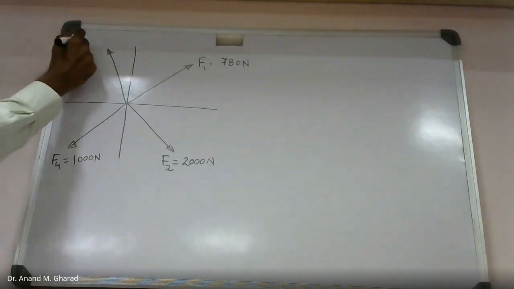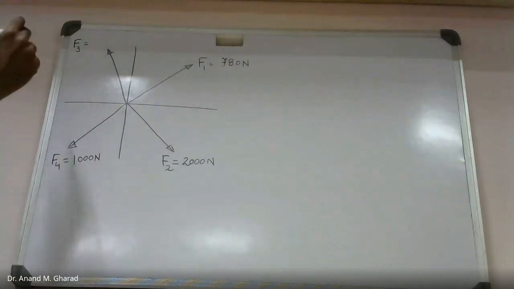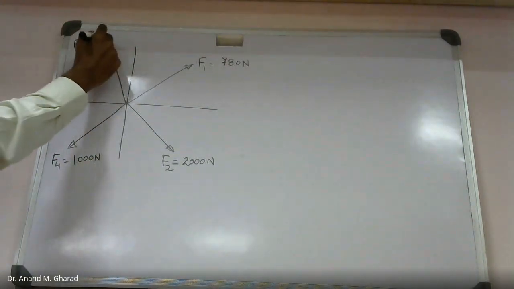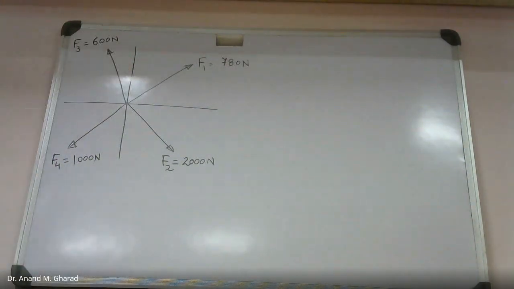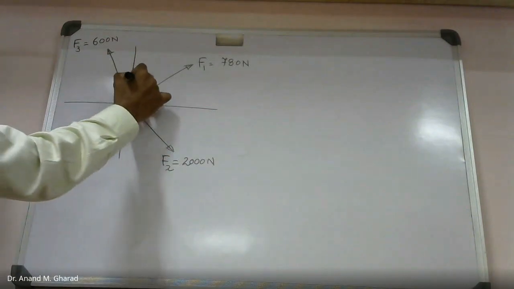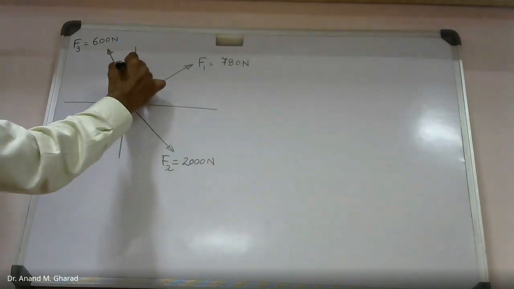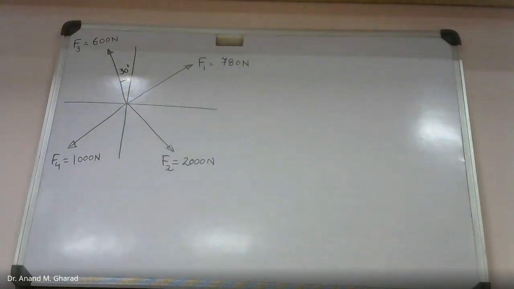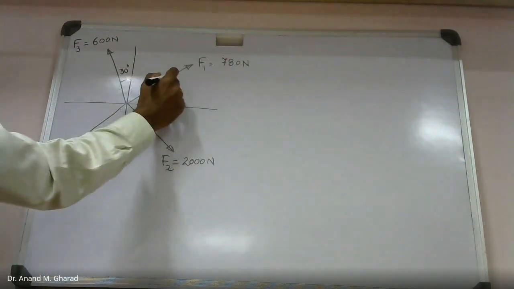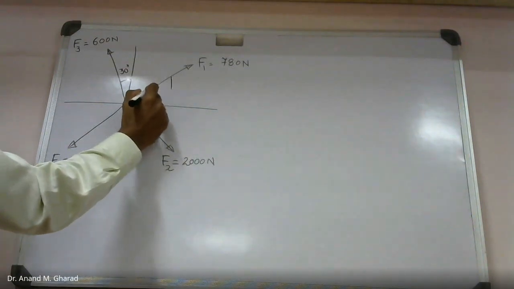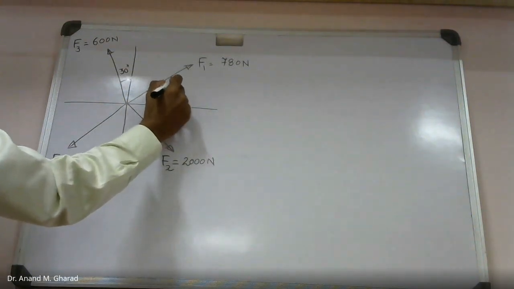And this is F3, 600 Newton. So this is the given information. This angle is 30 degree. The information related to the angle for this force is given in this manner.